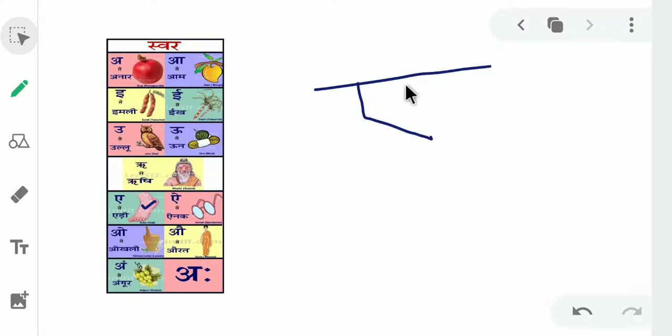A. You can also write it like this. Okay, so this and that was A.